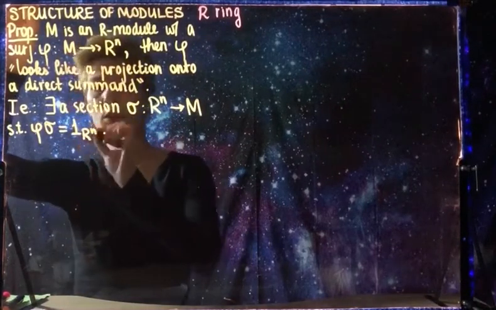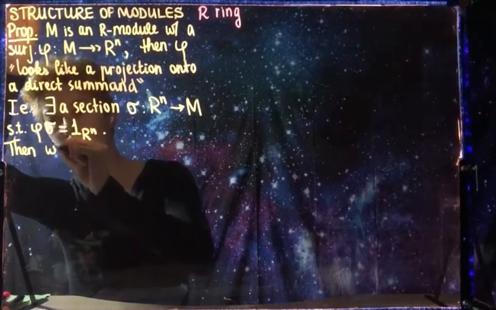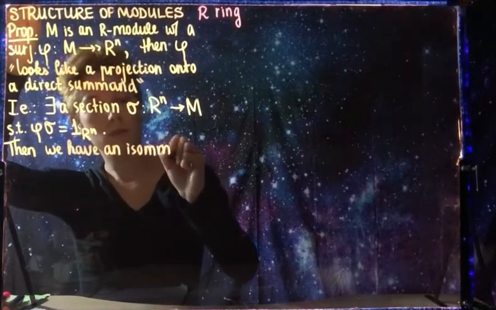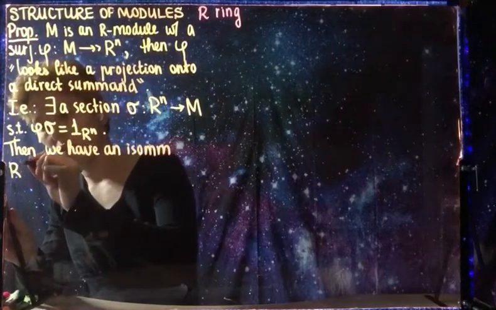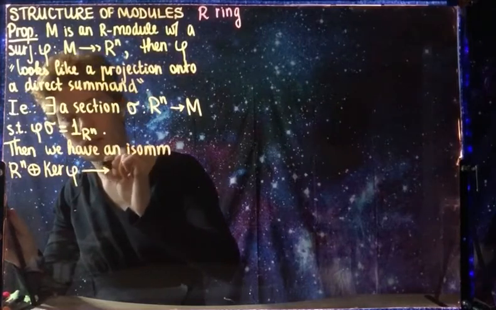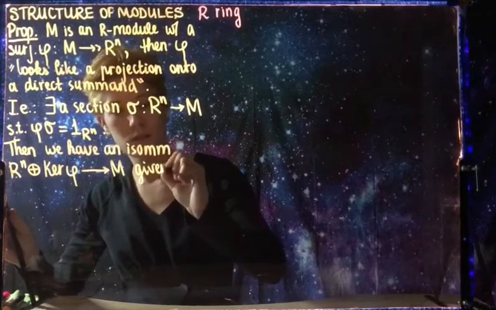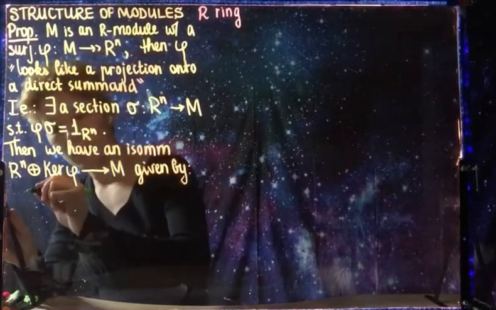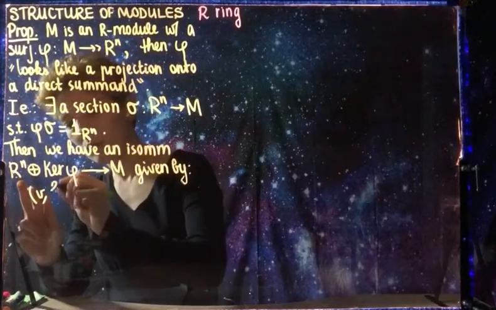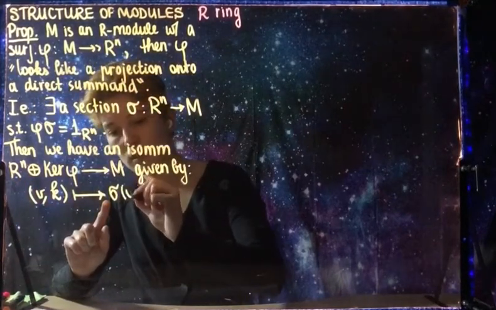And once we have a section, then we have an isomorphism from R^n plus the kernel of phi to M, given by the formula that an element v of the free module and an element k of the kernel get sent to sigma of v.